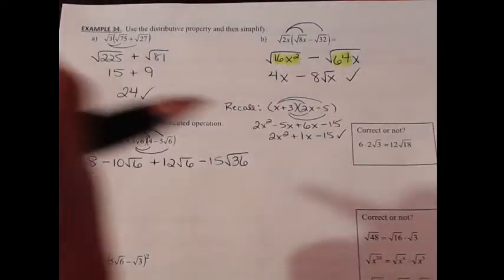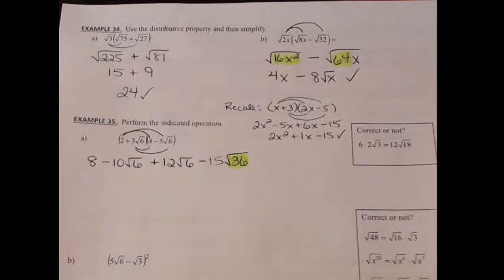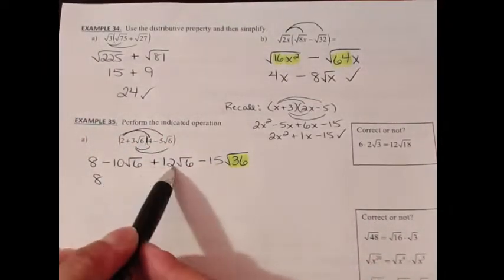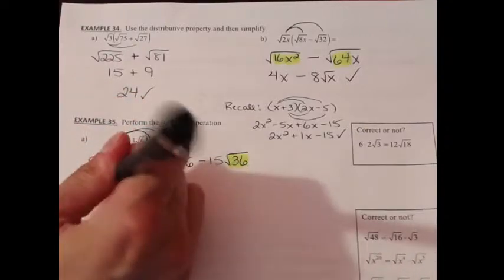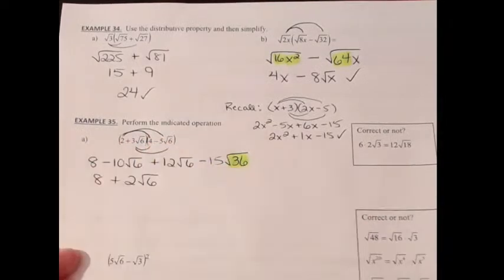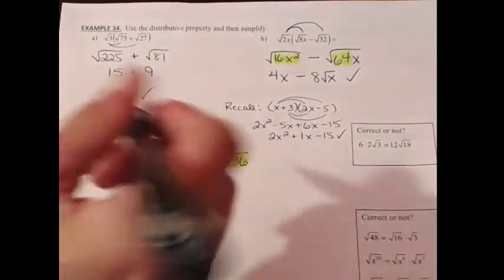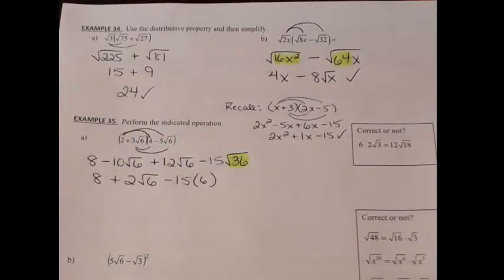So I'm going to highlight my perfect square. Okay? So I have 8. Notice these are like terms. So negative 10 square roots of 6 plus 12 square roots of 6 gives me 2 square roots of 6. Then I have minus 15, and I know the square root of 36 is 6. So I simplify that.